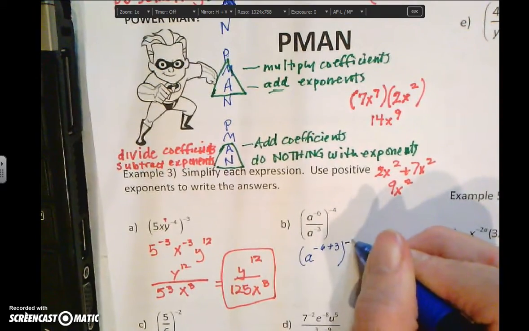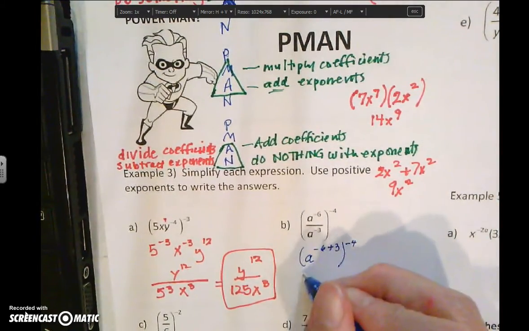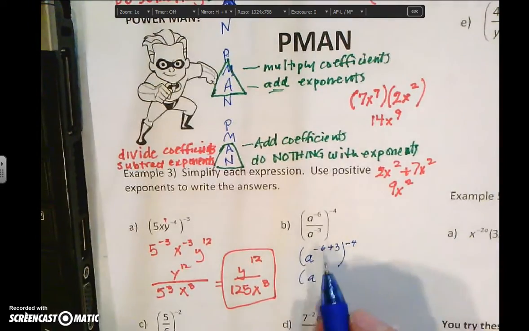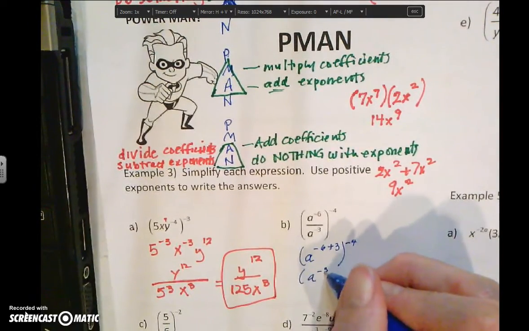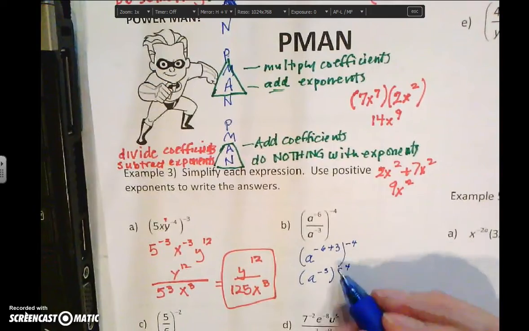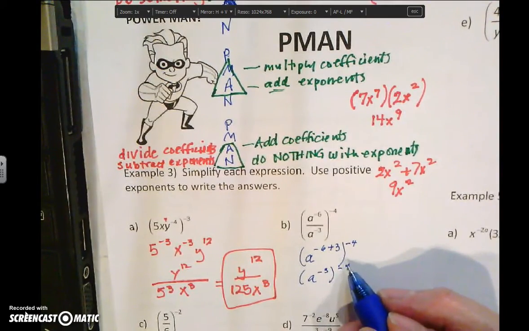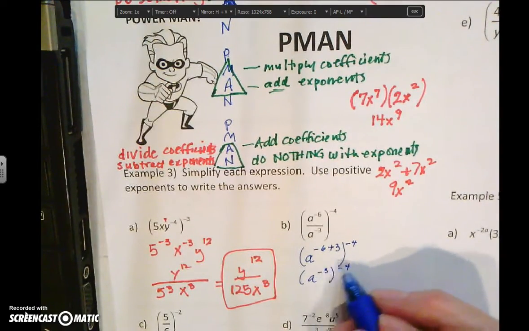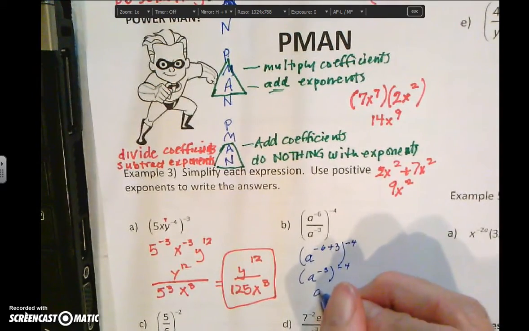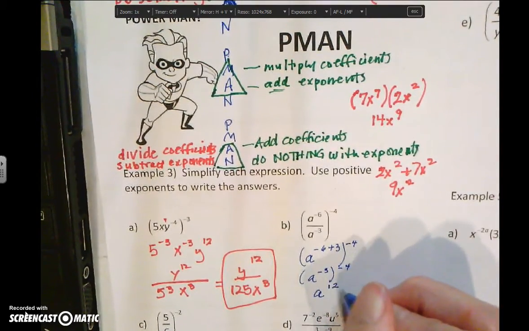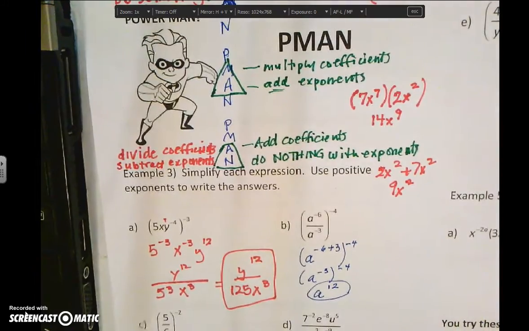And that's still going to be raised to the negative 4th power. So that's going to be a, negative 6 plus 3 is a negative third, to the negative 4th. Then a power to a power, I'm going to multiply the exponents and get a to the positive 12th.